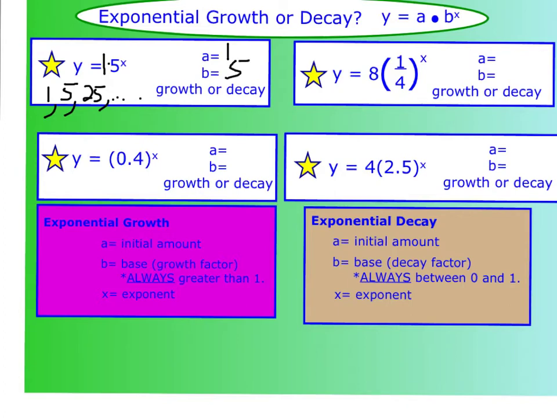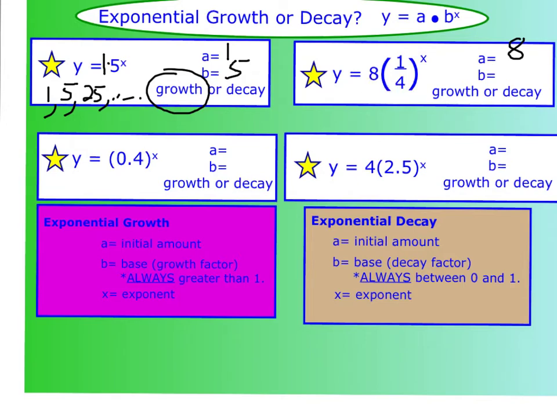Now, look at our common ratio. It's 5. That's greater than 1. And look at our pattern, it's definitely growing. So let's circle growth. Okay, let's try again. Here, our initial amount is 8. So we start with 8, and our base, or our common ratio, is 1/4.